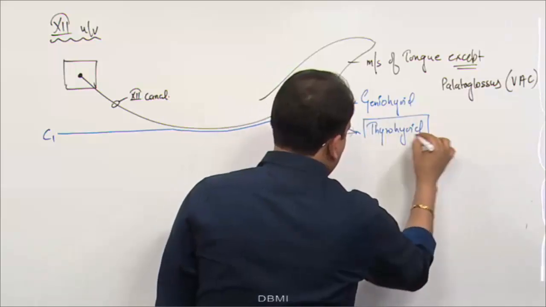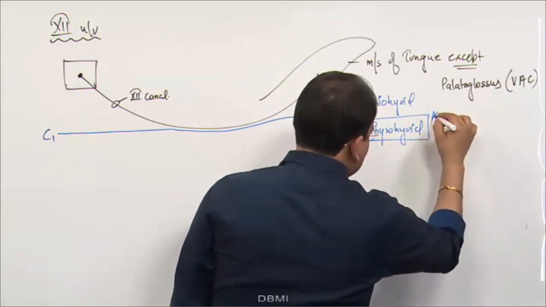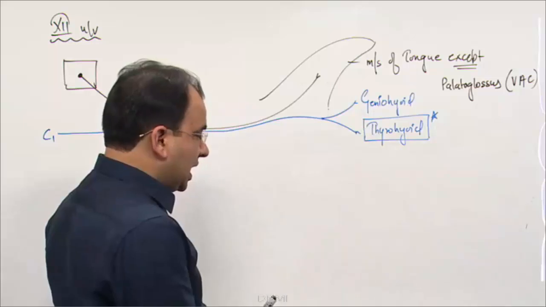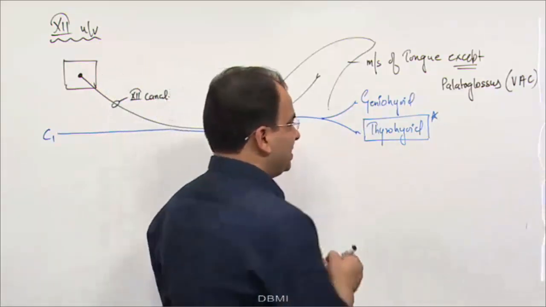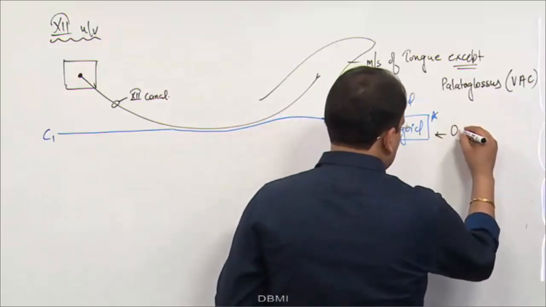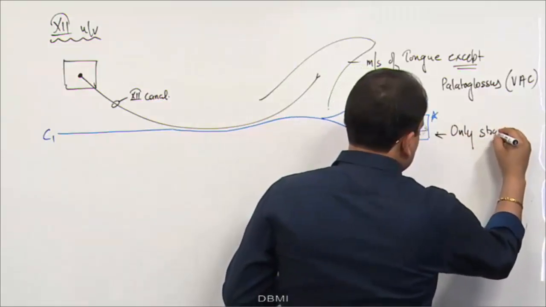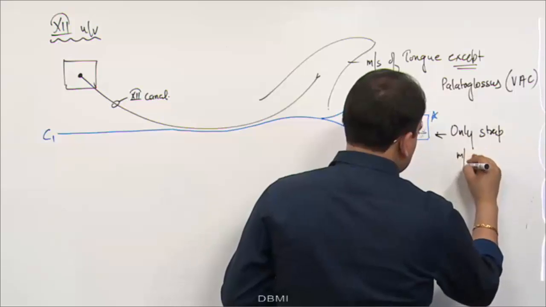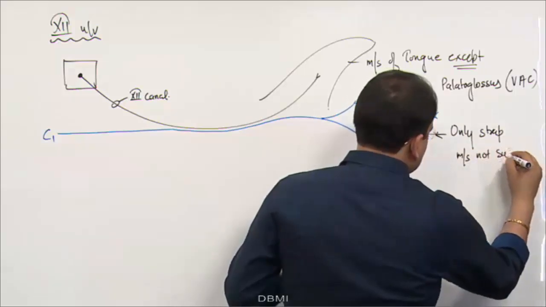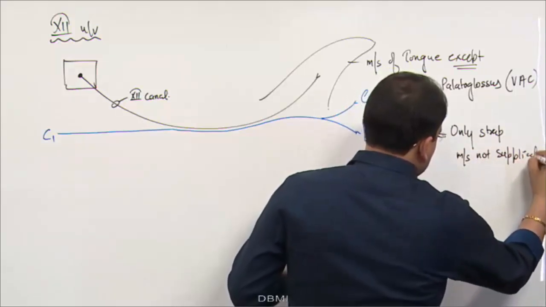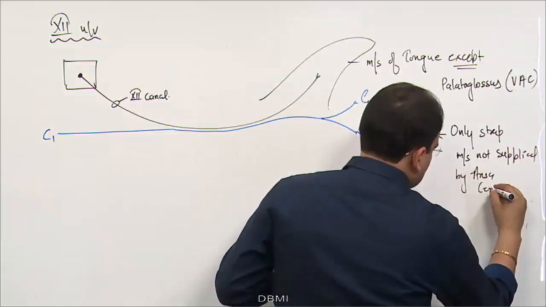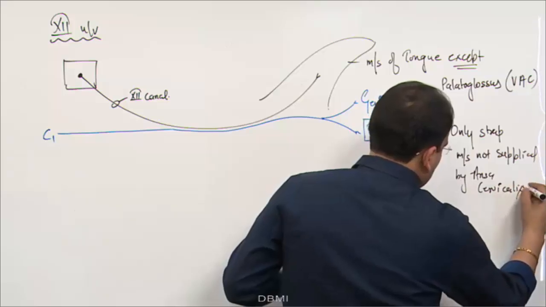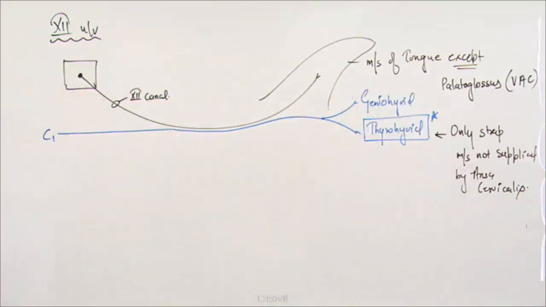Geniohyoid and thyrohyoid, and the one which you got to remember all the time is thyrohyoid. Why? Because thyrohyoid is the only strap muscle which is not supplied by ansa cervicalis.